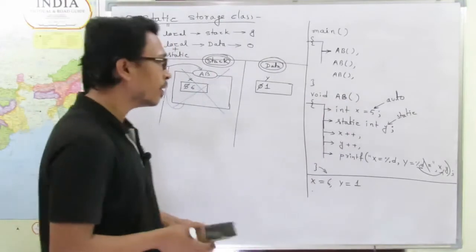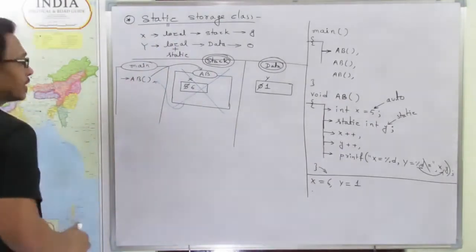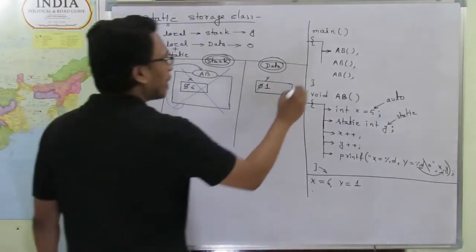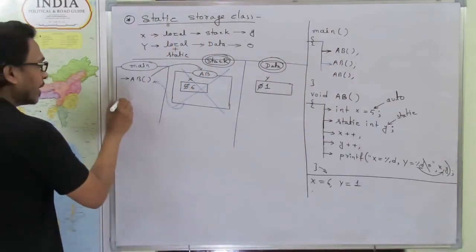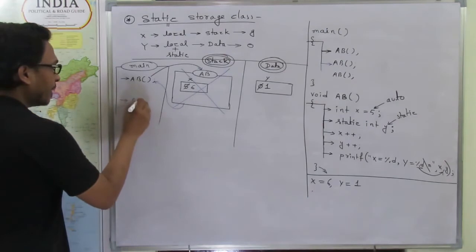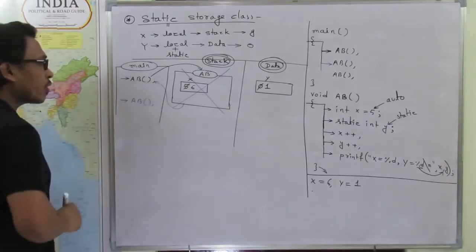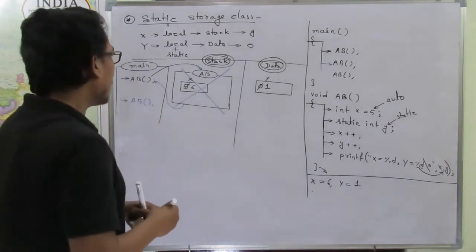Clear? Now we are in the main function, and in main function now we get the next ab function call. That means now again the next instruction is ab parenthesis. That means we are again calling the function ab. Now what happened?